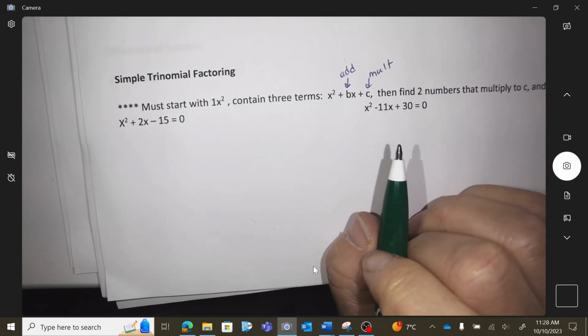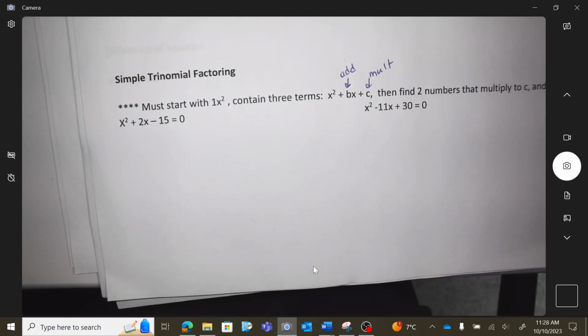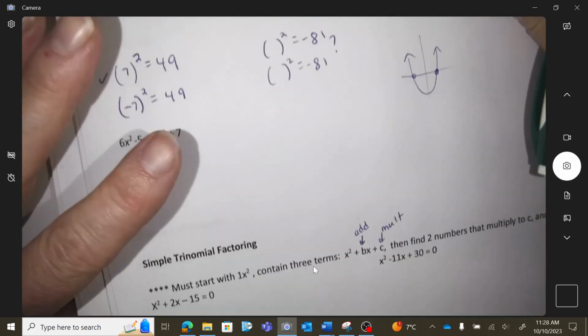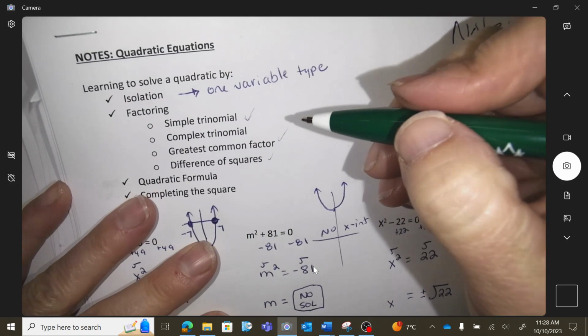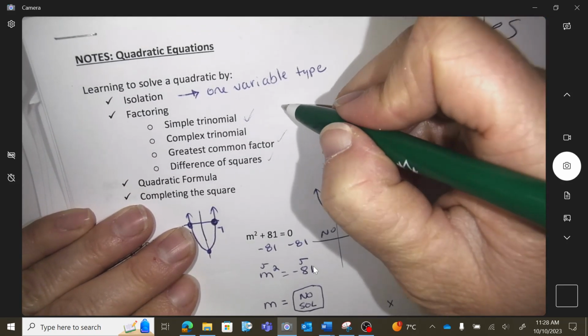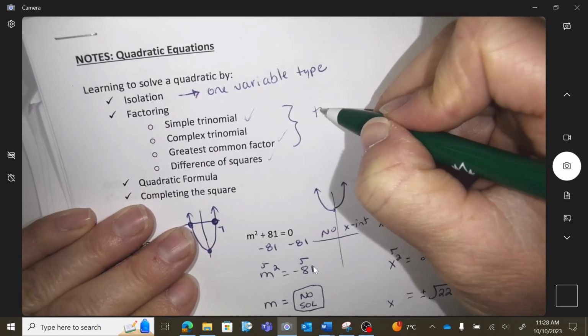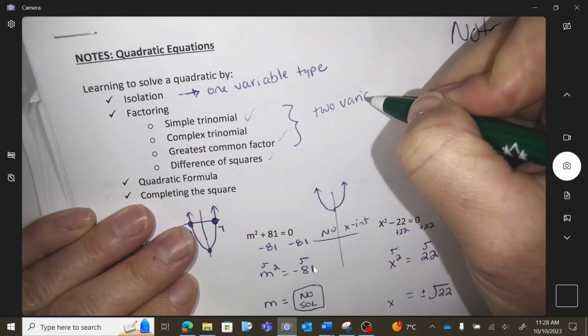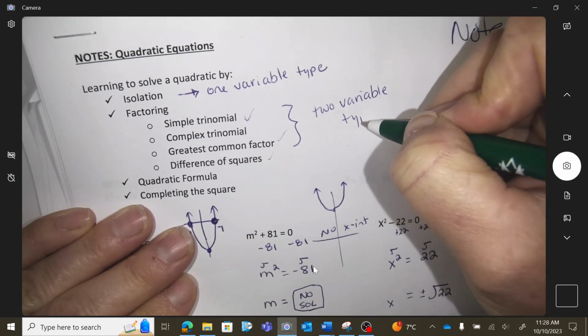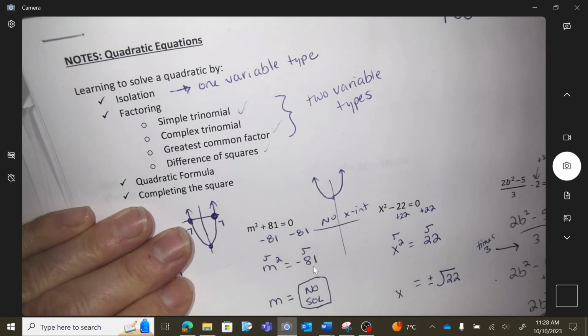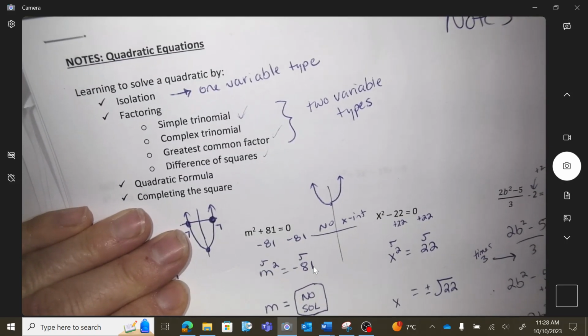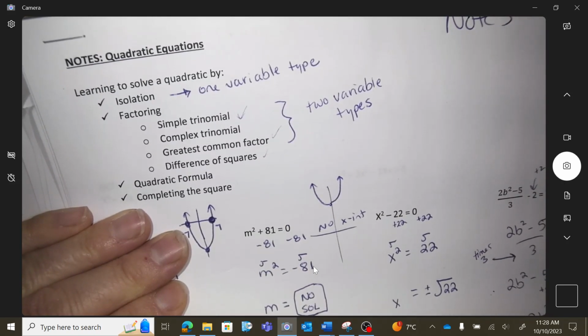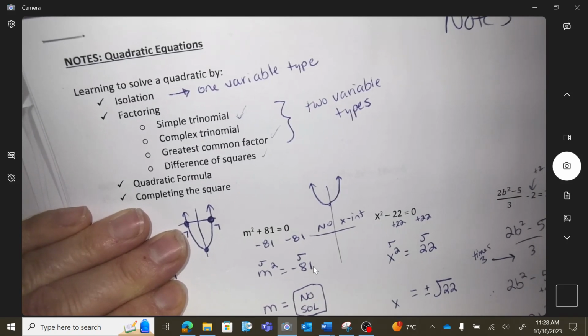Factoring happens when you have 2 variable types. If you have 2 variable types, you can't isolate anymore. Would that make sense? You can't isolate if there's 2 things going on.